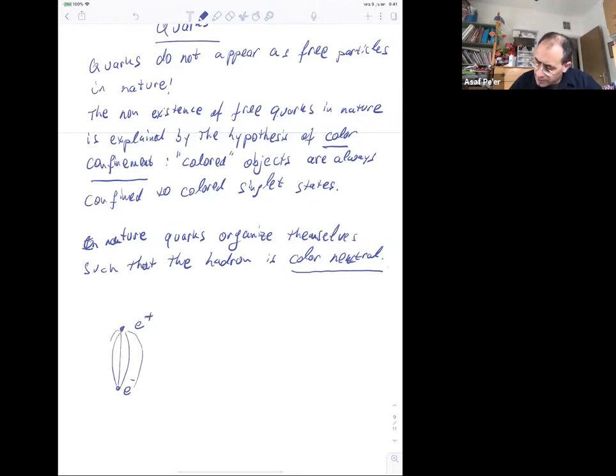This is very heuristic. Now, if you take them apart, the field lines will spread.